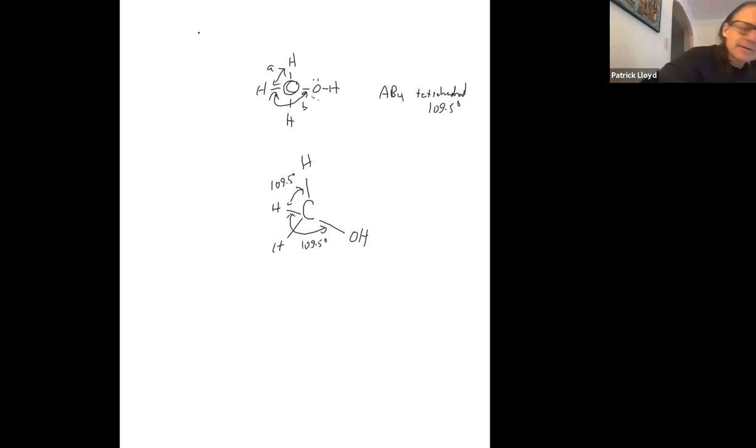Let me grab our tetrahedral here. All right, take a look at this. Here's our AB4 right there. You've got your central atom and four surrounding atoms.